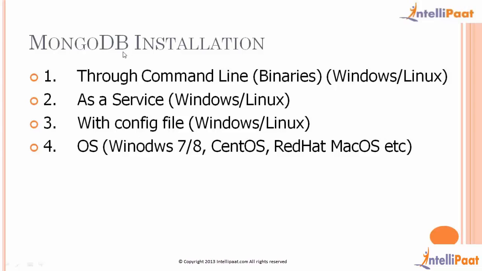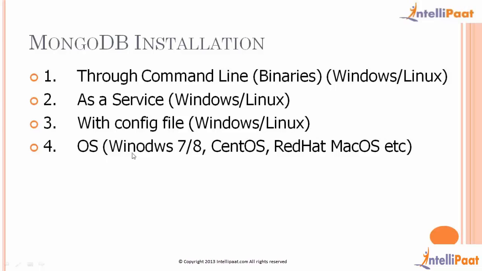Alright, a few things here. First, we can start through binaries on Windows, Linux, Mac OS, or whatever supported operating system. Second, we can install MongoDB on a supported operating system as a service. The third is with a config file on Windows and Linux.